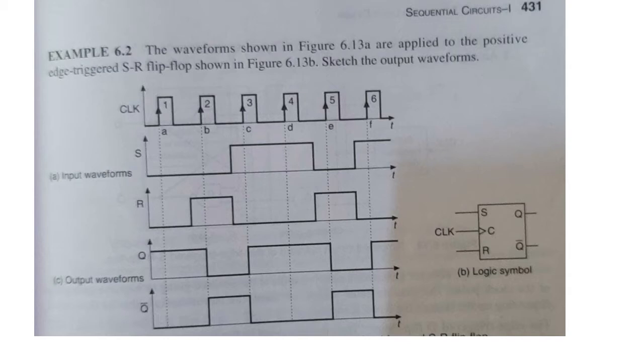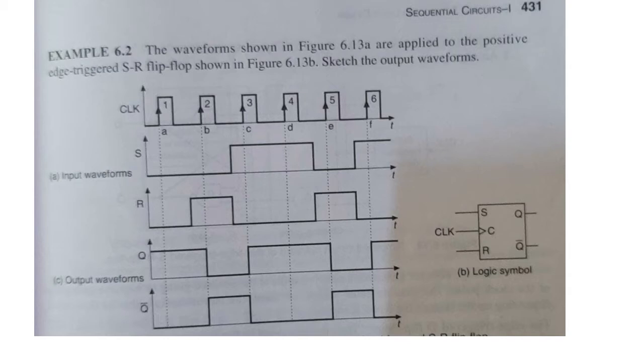These are the dotted lines. So consider the first clock pulse, where on the positive edge we have the value of S as 0 and R as 0. If both the values of S and R are 0, we know that the output will maintain the previous state. Here we assume that the output is at the high level.